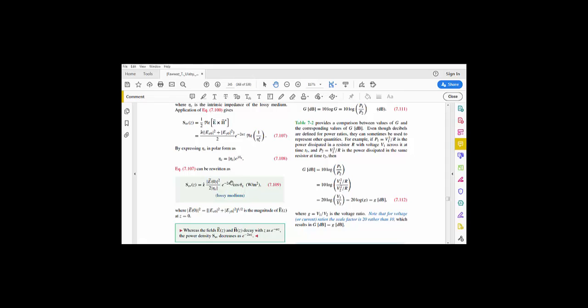Previously in lossless this is equal to 1 because alpha equals 0 in free space. Here we have lossy, so alpha is significant, so we need to put this function.